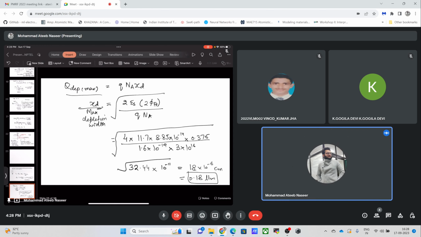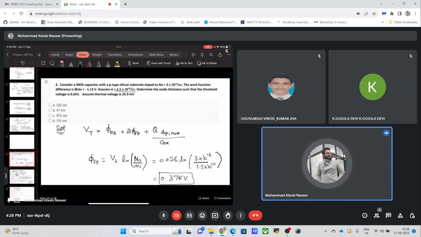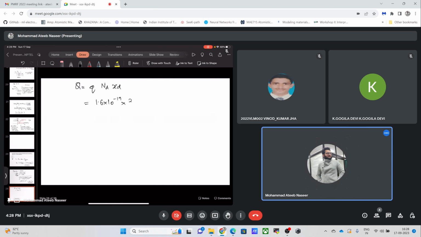So it would be simply q times Na into Xd. It is 1.6 into 10 raised to the power minus 19 into Na. Na is 3 into 10 raised to the power 16. Xd is 0.18 into 10 raised to the power of minus 4.